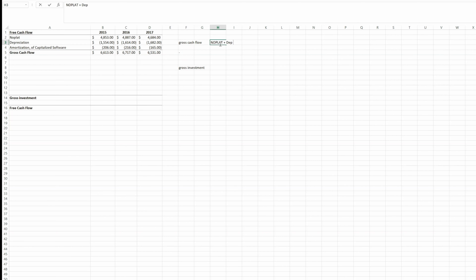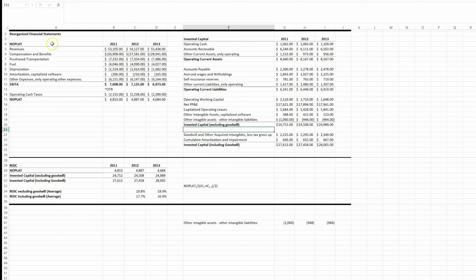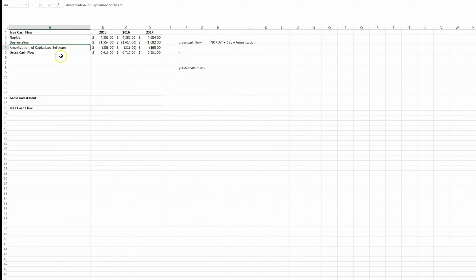This is just the amortization for the intangible assets that have been capitalized, specifically listed on the balance sheet. So just the amortization that is above EBITDA here. If this amortization was not there, it would just be NOPLAT plus depreciation. And that's our gross cash flow.